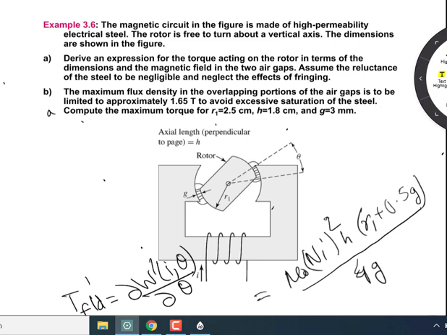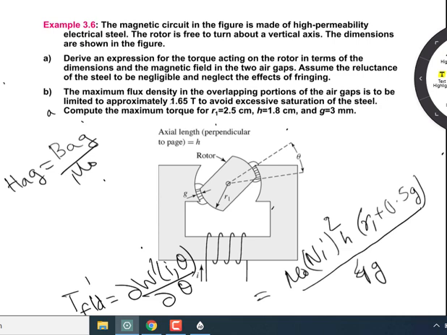Now you can put the numerical values to further figure out the amount of torque. Yeah. For B_g, it is given 1.65 Tesla.